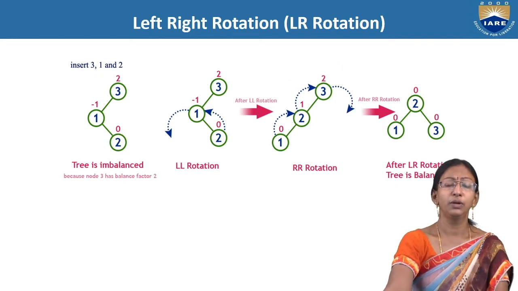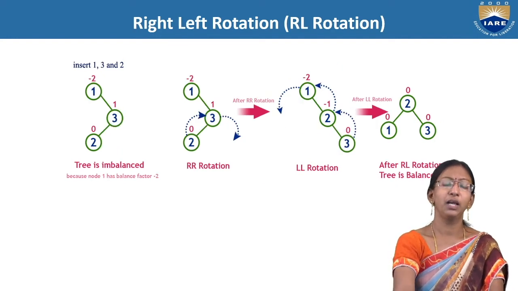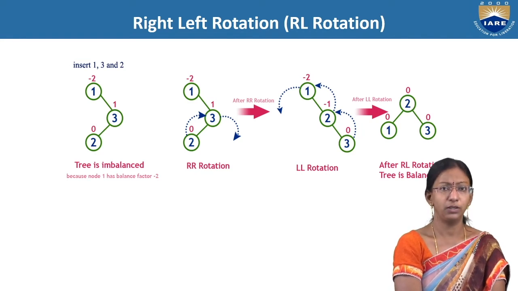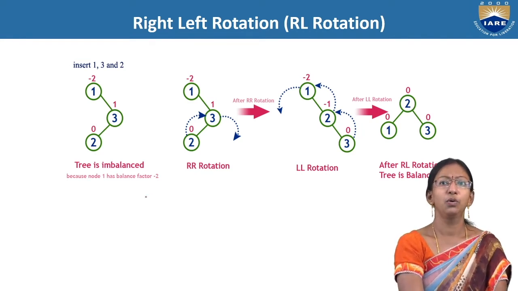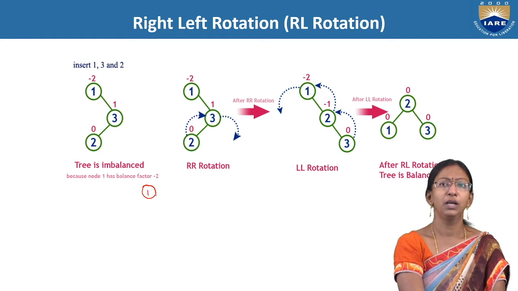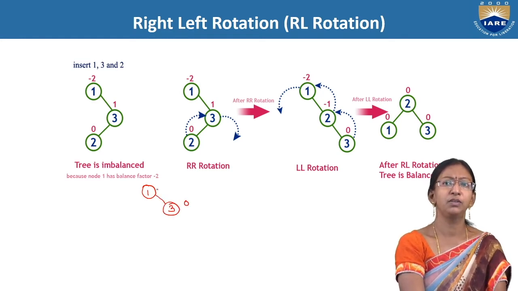Okay, and another scenario, a case where I try to insert 1, 3 and 2. So if I insert 1, balance factor is 0. If I insert 3, the balance factor of 3 will be 0, whereas 1 will be minus 1.